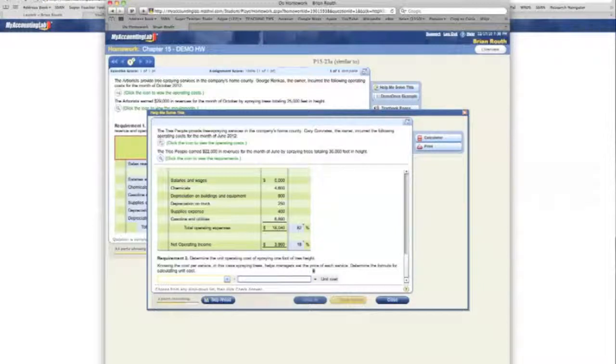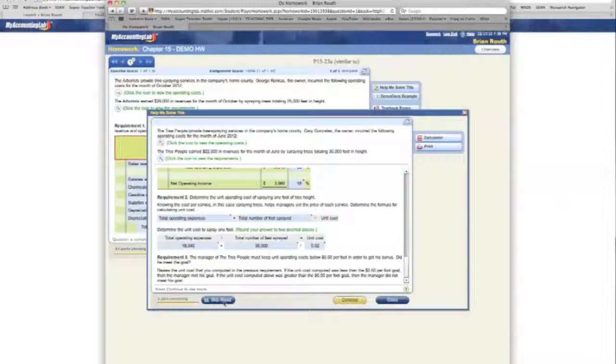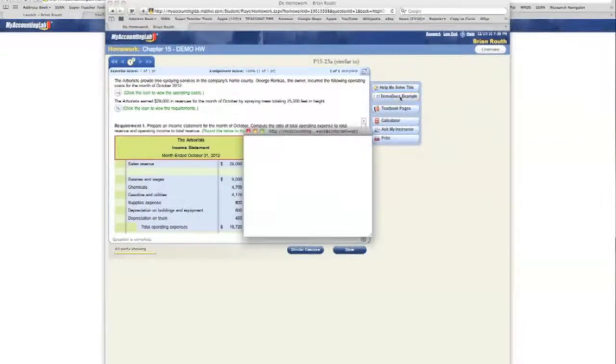And then the formula to determine the unit cost, which we weren't given in our original problem. It kind of leads you through how to get that unit cost. And then it, again, explains more things in detail. So I encourage you to use this Help Me Solve This. Very, very handy tool. In addition, they give demo docs for some of the problems.